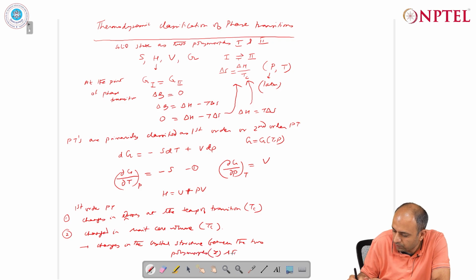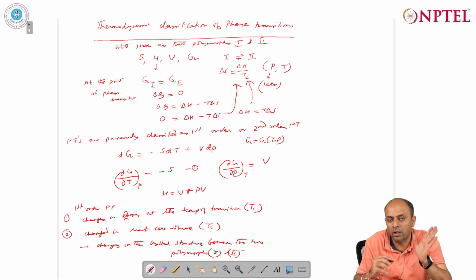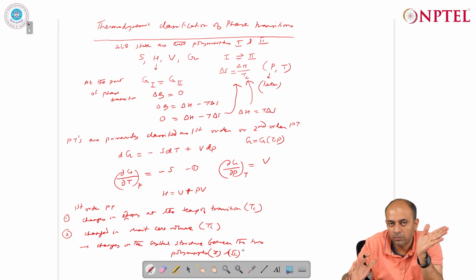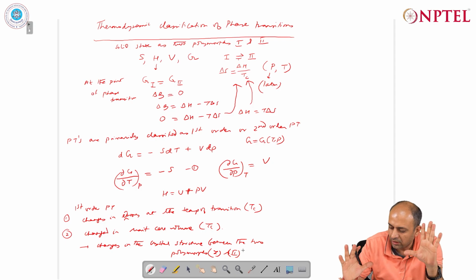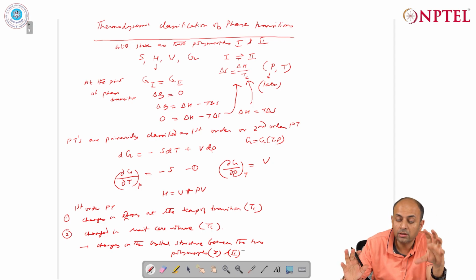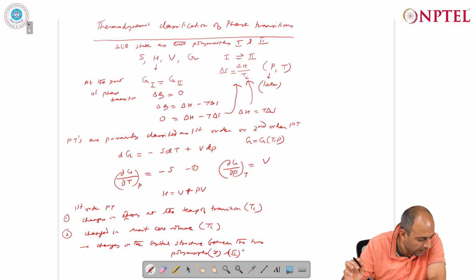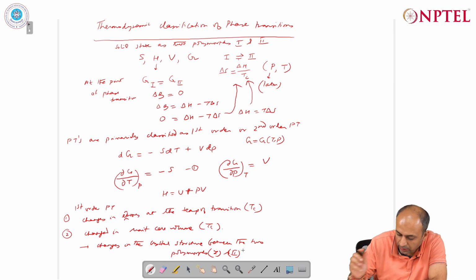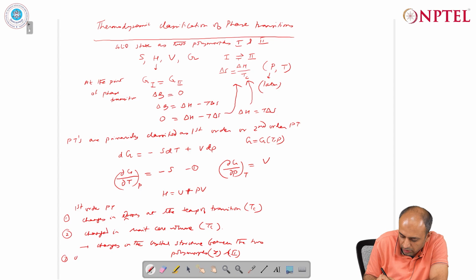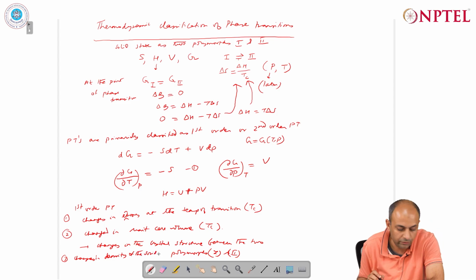So it is not that there is a gradual continuous change from structure 1 to structure 2, but effectively the crystal structure before the phase transition is very different from the structure after the phase transition, and it is also characterized by changes in density of the solid before and after the phase transition.